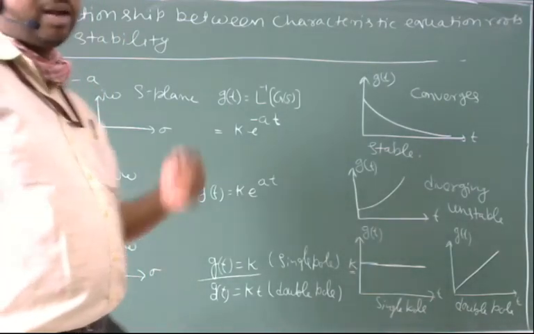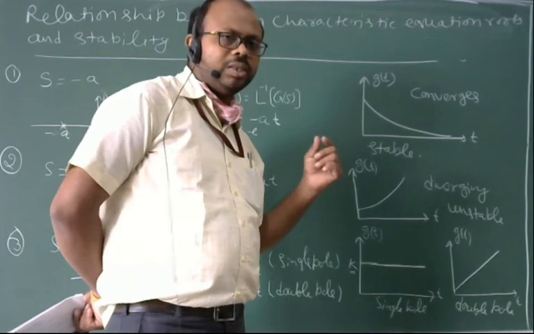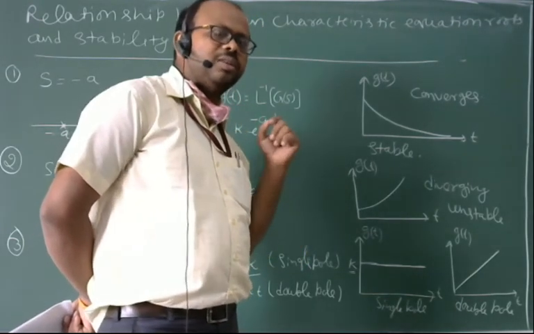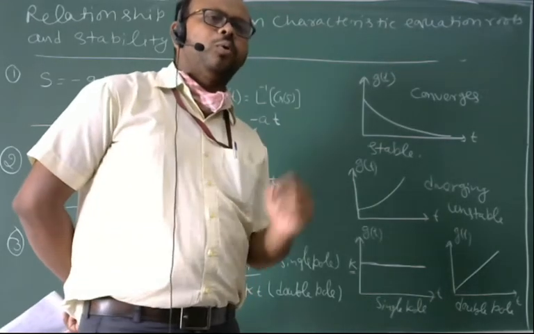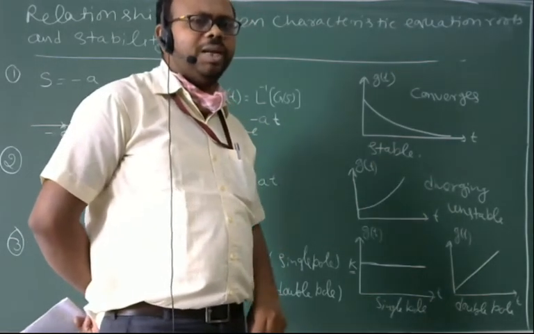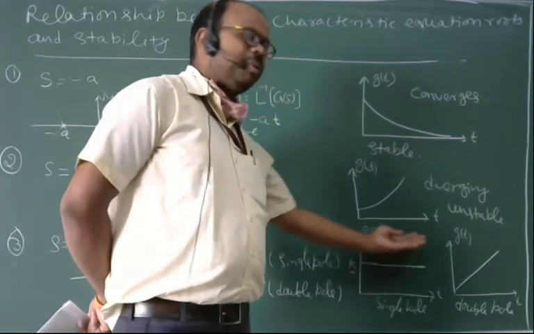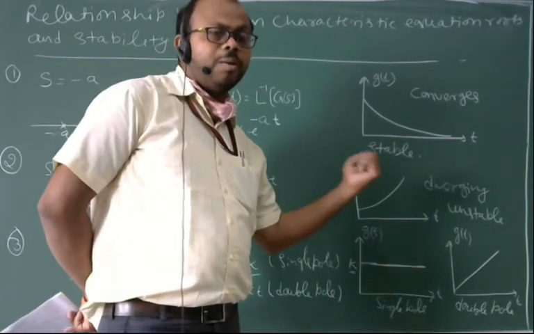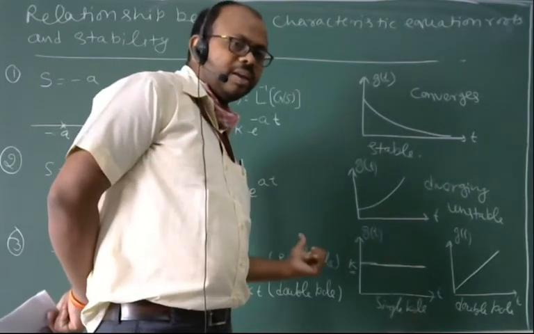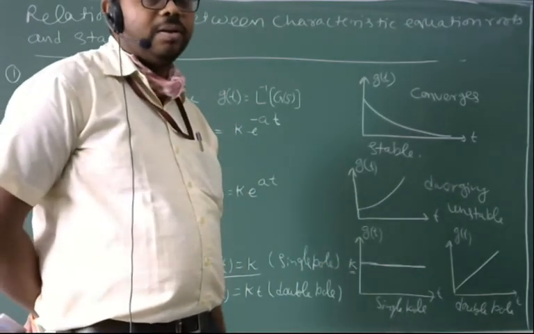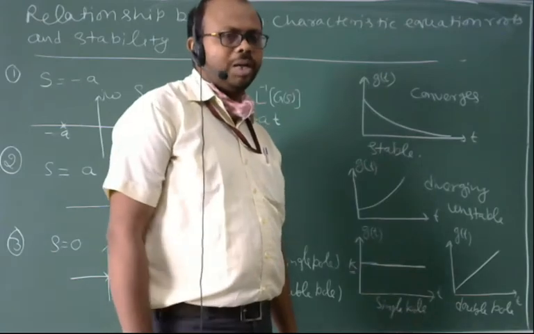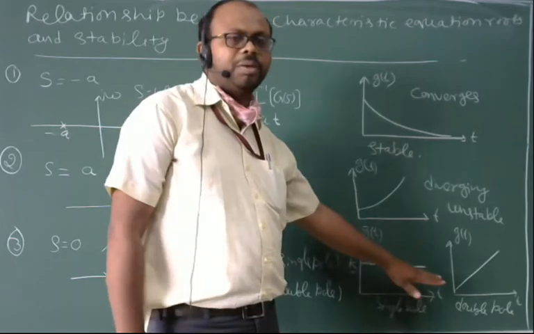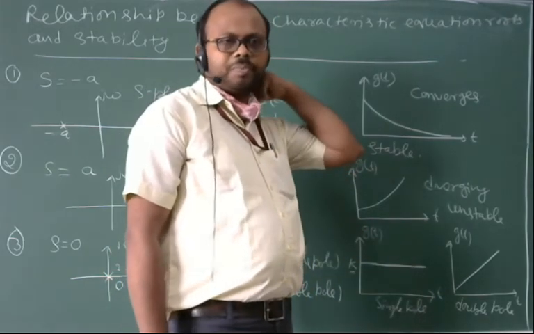For a single change in the system, or for a single pole which is in the right side of the S plane, the system may become unstable, and for a single pole which lies to the left of the S plane and not on the imaginary axis, the system may become stable. Right?